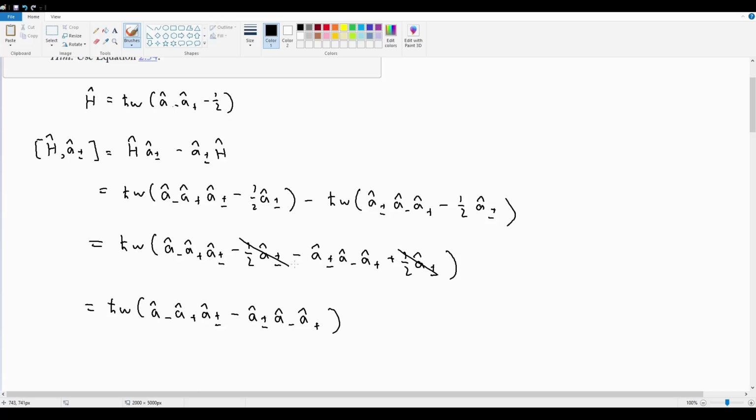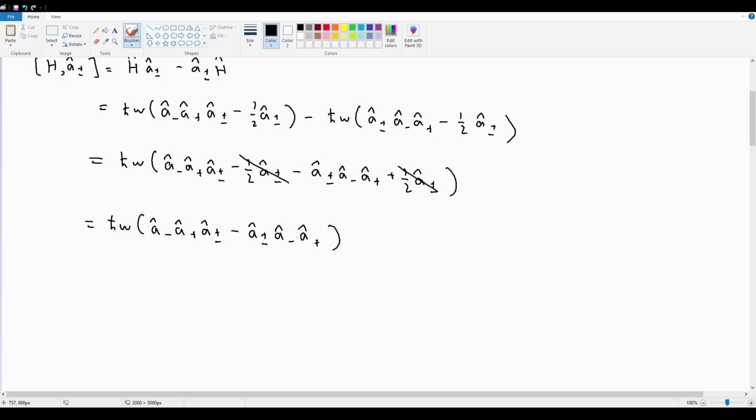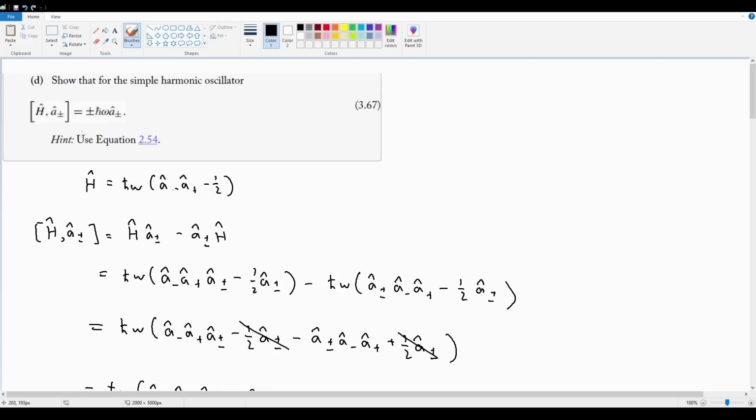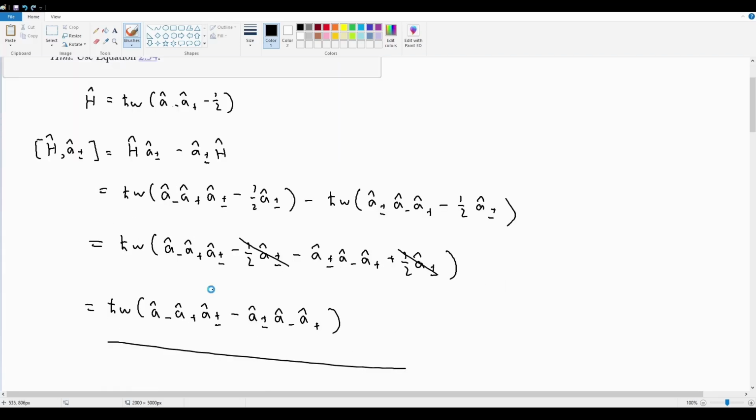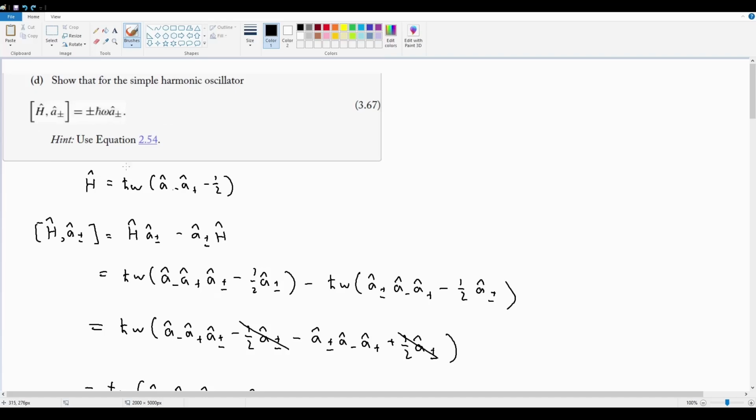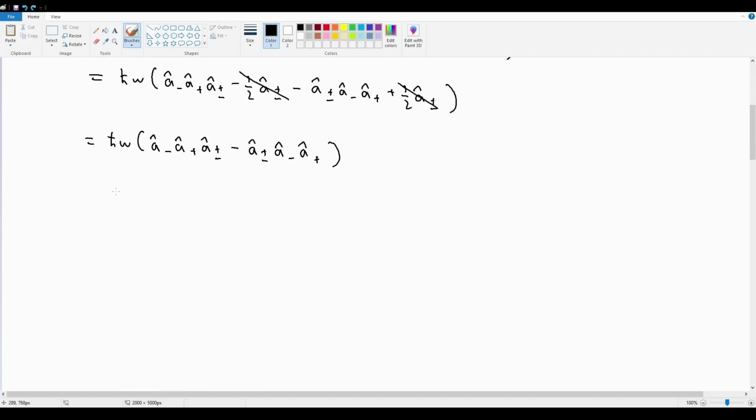So at this point, we're kind of stuck because we're not sure how to get to this, right? Because this is obviously a very different thing compared to what this is. But the solution is to recognize that back in chapter 2, we noted that ladder operators themselves are also not commutative, and they in fact have commutators.